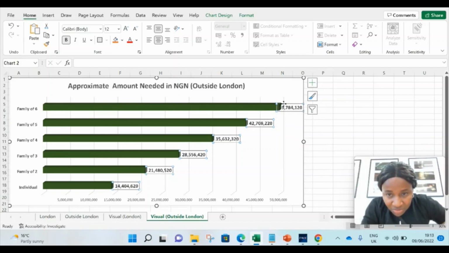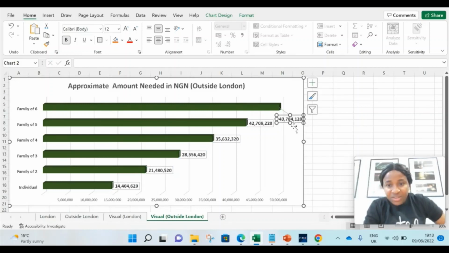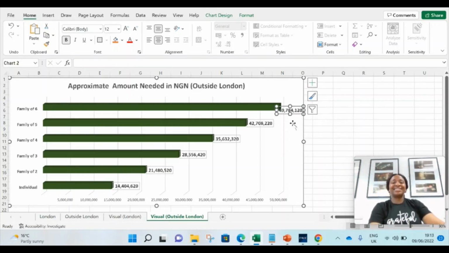I beg your pardon, I just need to arrange this well. This is 49 million, so all the way to about 50 million if you're a family of six. So the more, the merrier, the more the money. So with this, I think it is clearer.